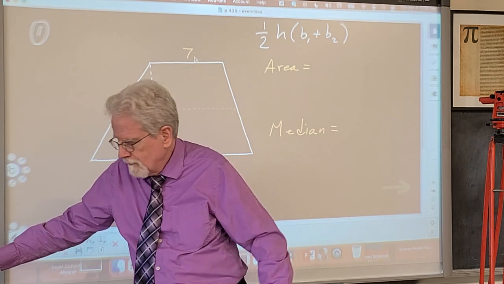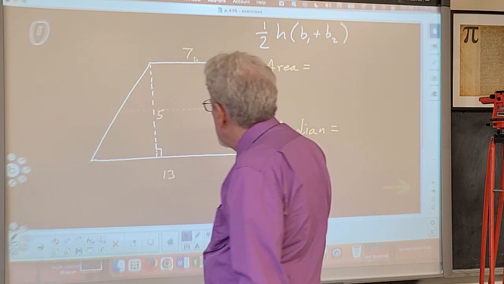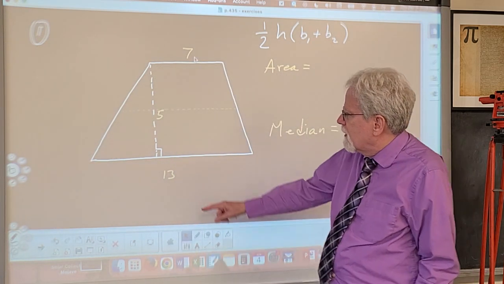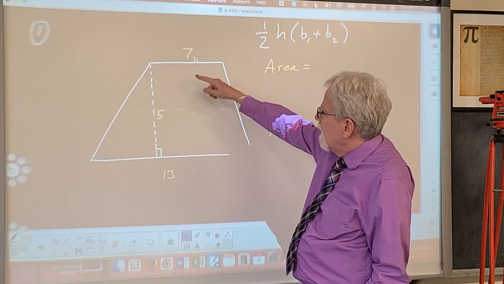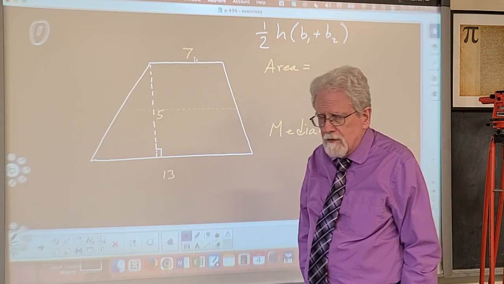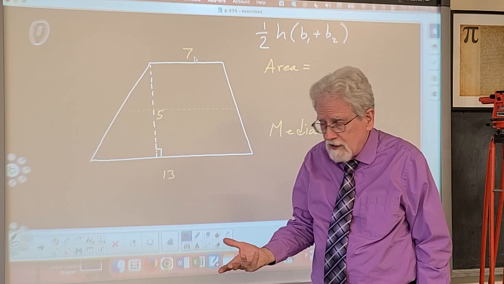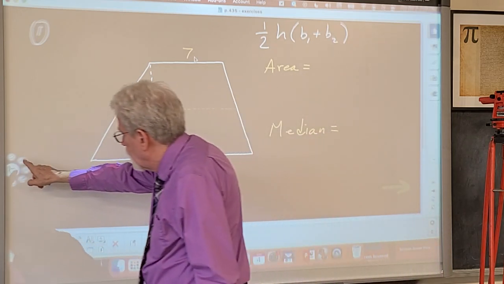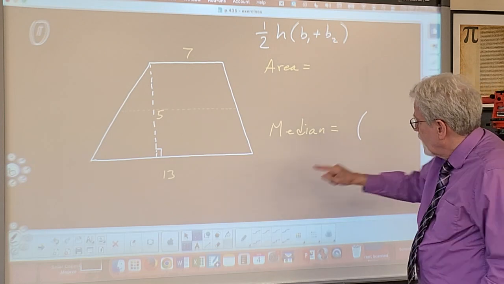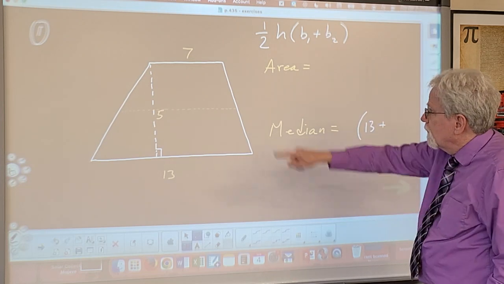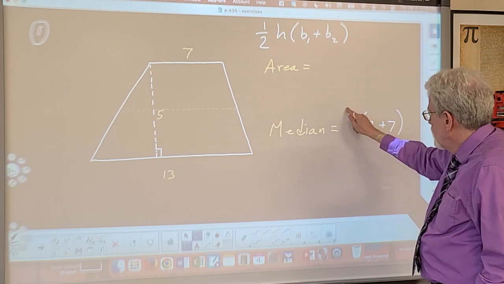Well, how do you find a median? The median is just the average of the two bases. How do you find the average of a 7 and a 13? Add them and take half. So to find the median, we will add 13 plus 7 and take half.